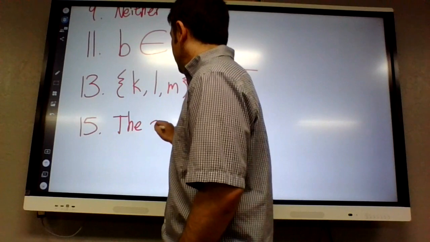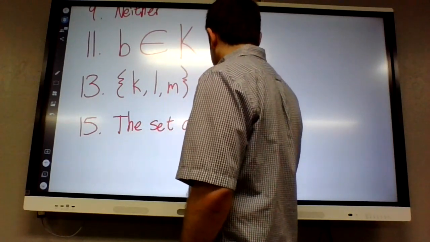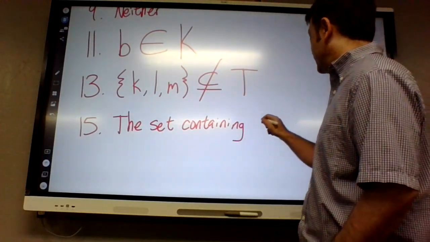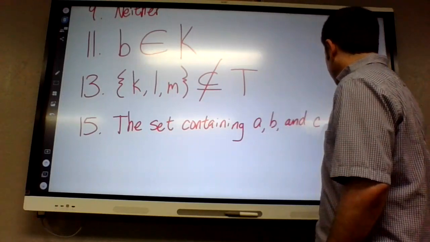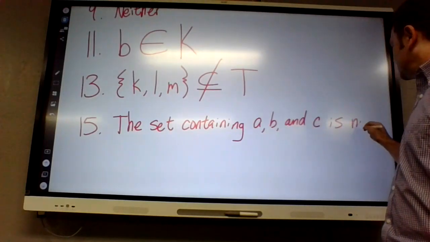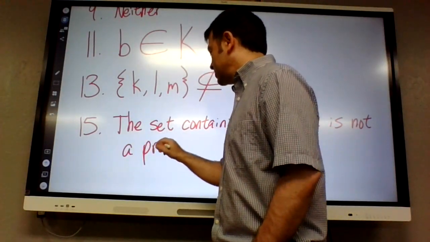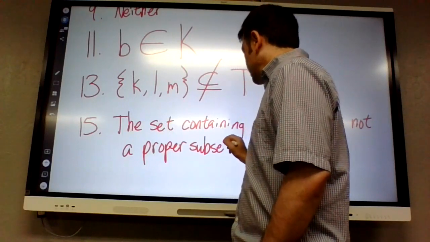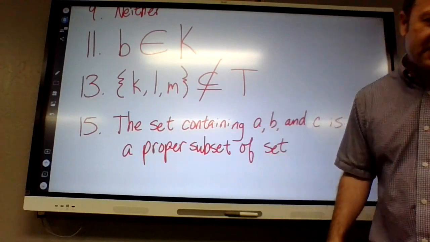For a full sentence: the set containing A, B, and C is not a proper subset of set D.